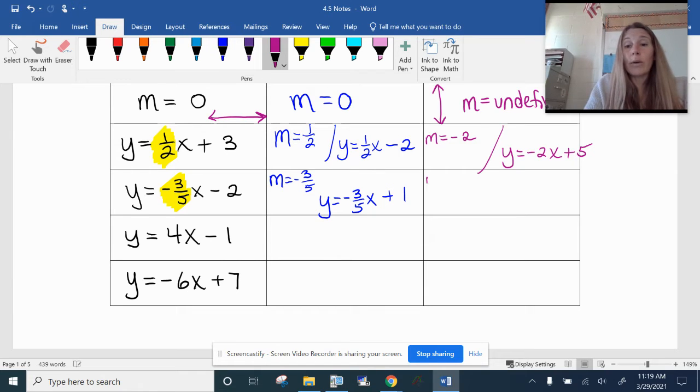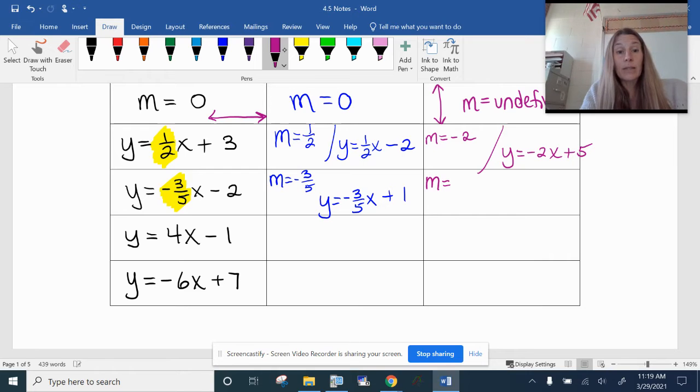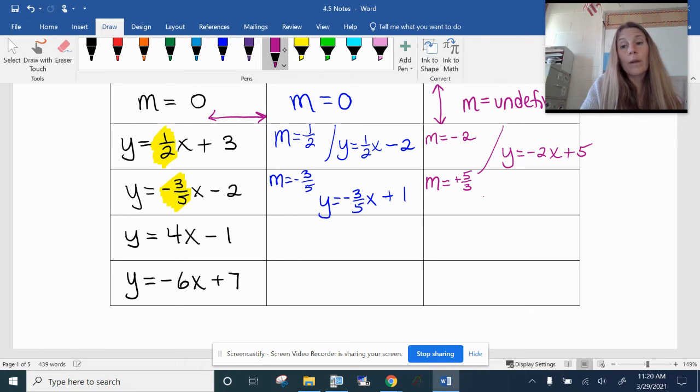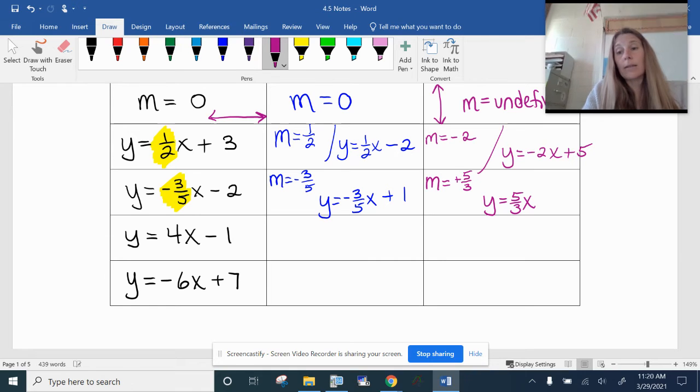If I want to write the equation of a perpendicular line, I first need to identify my slope by writing the opposite reciprocal of the one that's given. So the opposite reciprocal of negative 3/5 would be positive 5/3. So now when I write the equation, I'm going to have 5/3 x, and then I can put any y-intercept value that I'd like there.